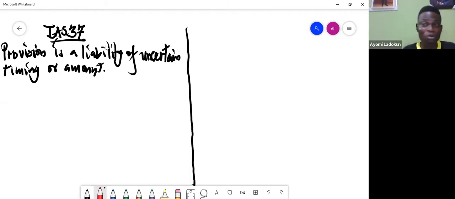Because you know the prices, it's easier to attribute those costs to those particular items. At the end of the day, in case the price moves up or down, or you see some items you cannot remember and need to buy, you now add something like miscellaneous. That's like provision. You now say 20 naira. So if price moves up, you can use part of that 20 naira to add to it, or if price moves down, you gain.